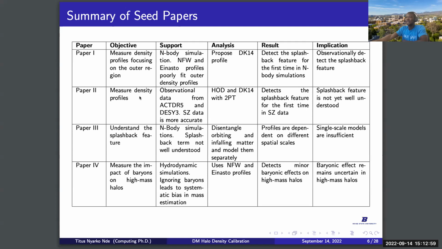Paper 2 by Shin et al. also focuses on calibrating density profiles. They use observational data from the Atacama Cosmology Telescope, data release 5, and data from the Dark Energy Survey year 3 results. They used a procedure we call the halo occupation distribution, and also adopted a DK14 profile with some perturbation theory to calibrate their density profile.